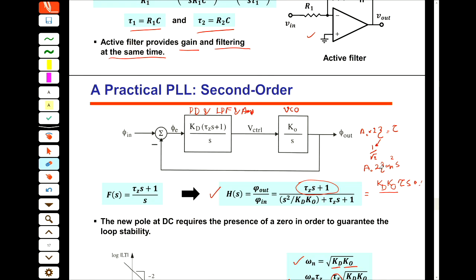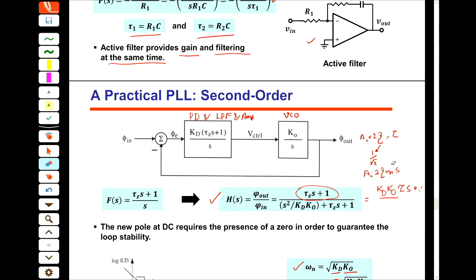So this is omega n. Okay, so you have to equalize this with this value. You know the omega n, we know that zeta is 1 over the square root of 2, we can find this gain, A naught. That whole expression is equal to KD times KO times tau.